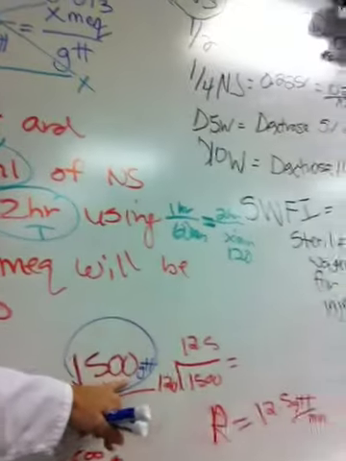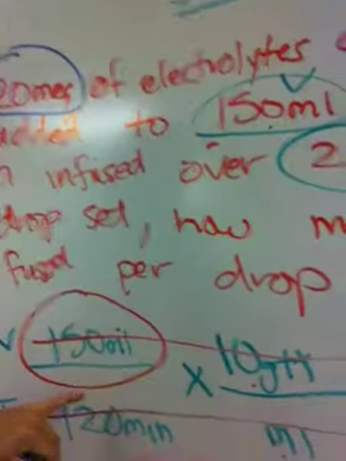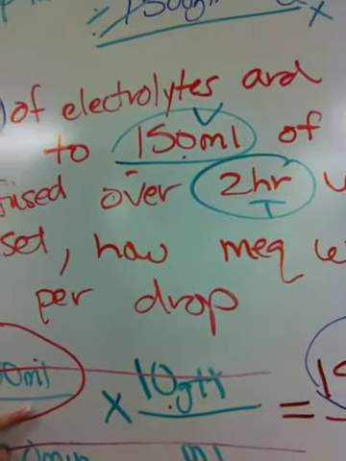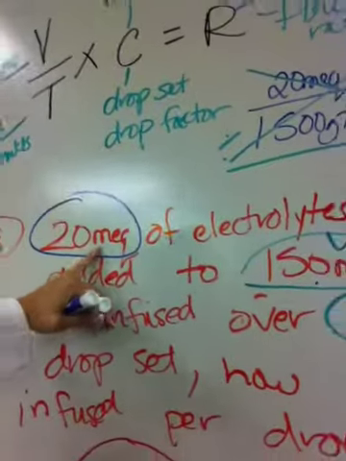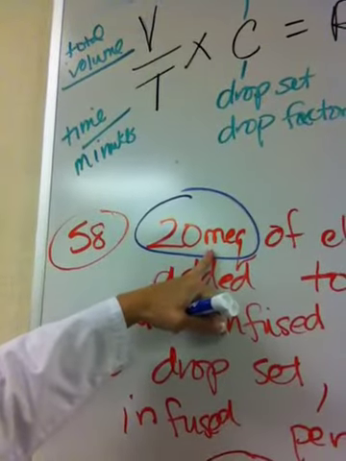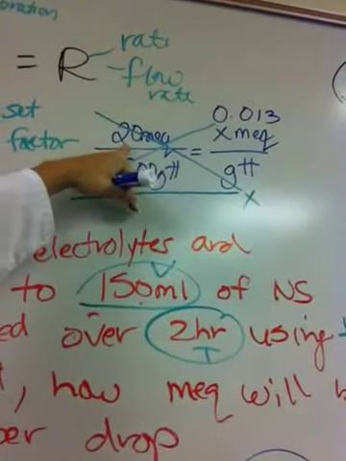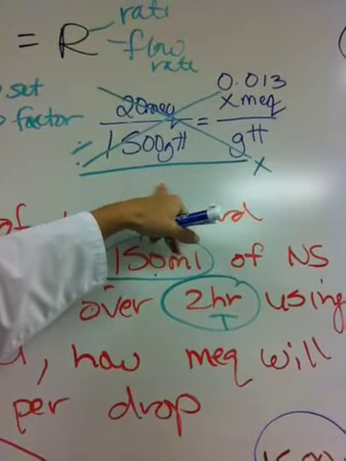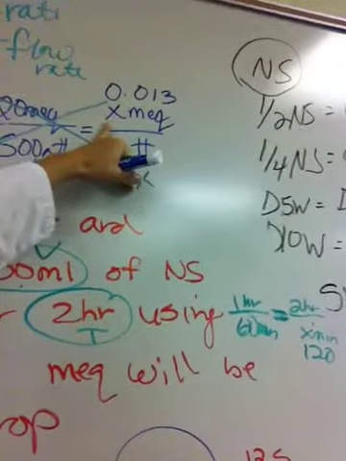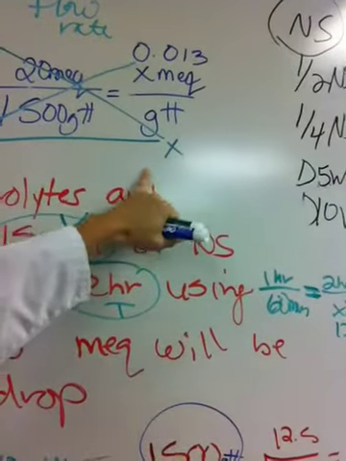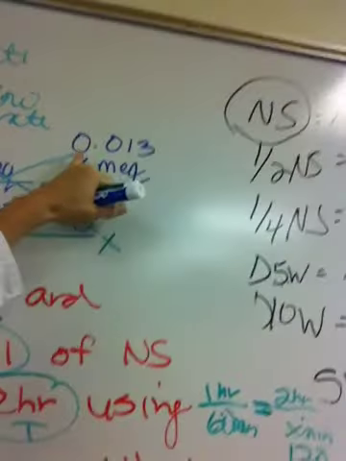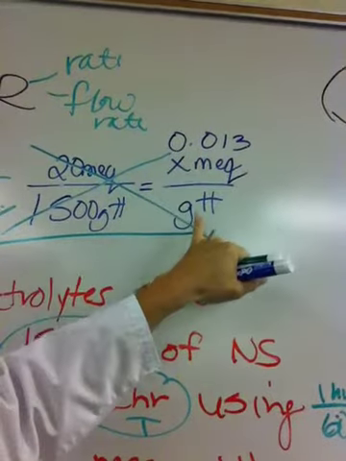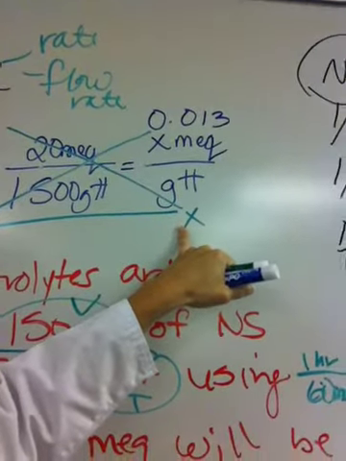So there are 1,500 drops in a 150 ml IV bag. In that IV bag, we're only injecting 20 MEQ. So 20 MEQs in 1,500 drops. How many MEQs are in 1 drop? Which is 0.013 MEQs for every drop that comes out of that IV bag.